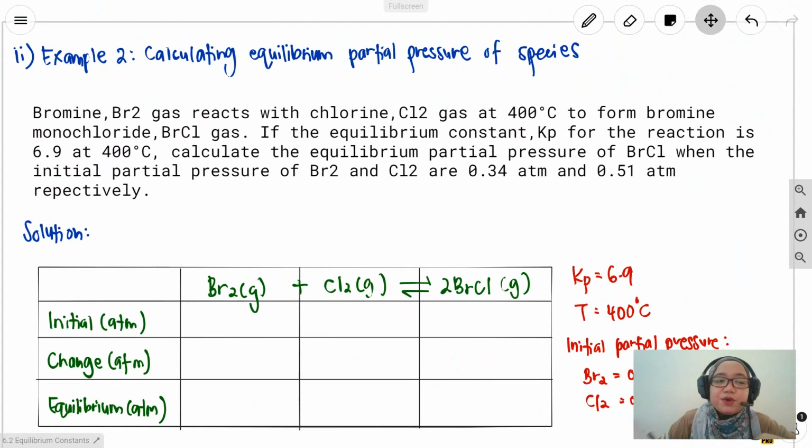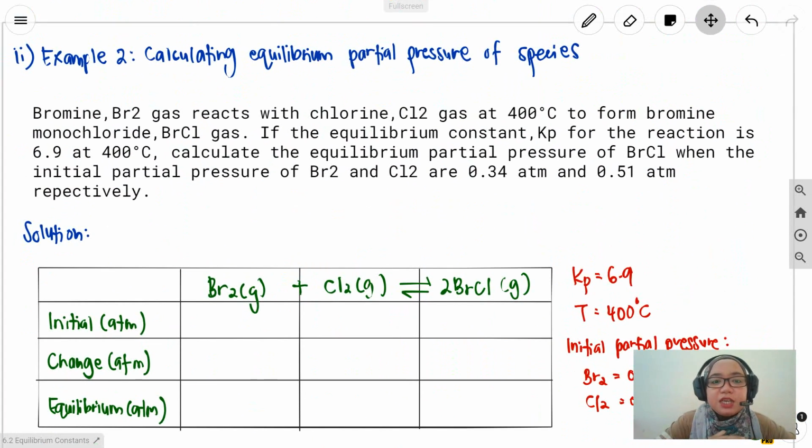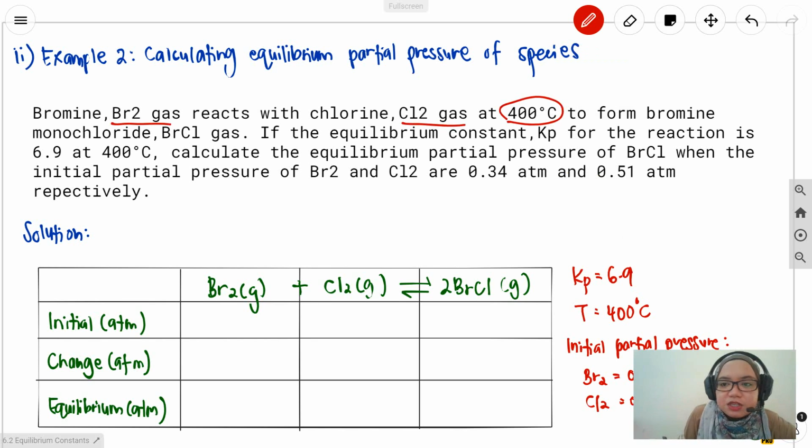Okay, next. We are going to look at example 2, calculating equilibrium partial pressure of species. So this time in terms of partial pressure, tadi in terms of concentration, right? So the question here said that bromine gas react with chlorine gas at 400 degrees Celsius to form bromine monochloride BrCl gas.